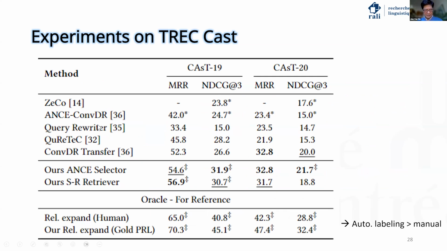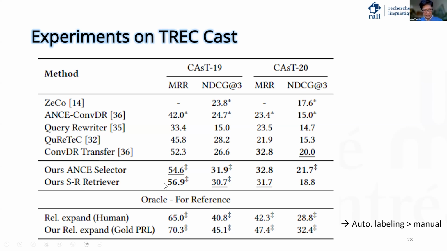Query rewriter is the same, and QReCC, as I mentioned, is the same, and ConvDR, again, is a dense retriever trained on some specific conversational data. ZCO is a zero-shot dense retriever based on ColBERT.